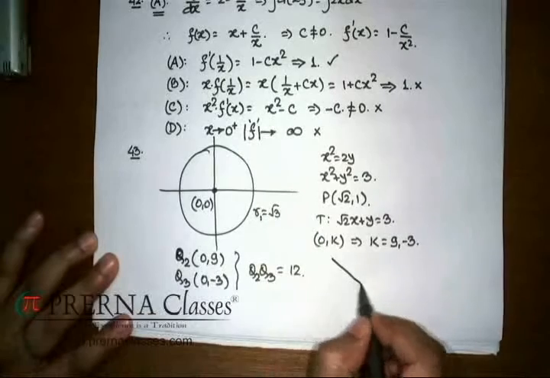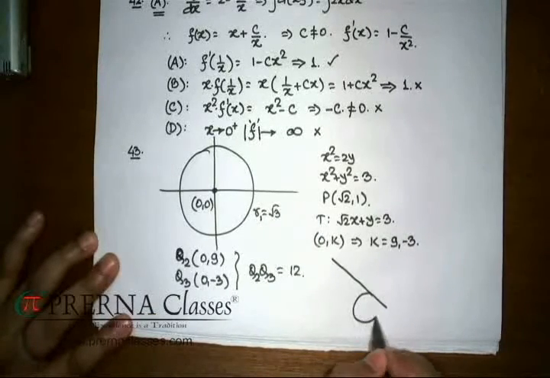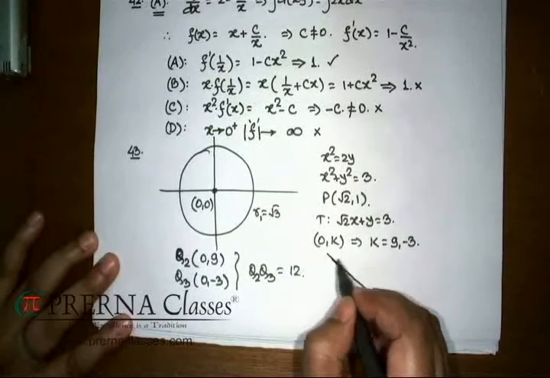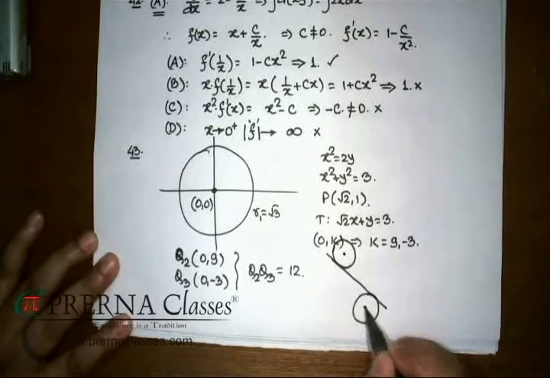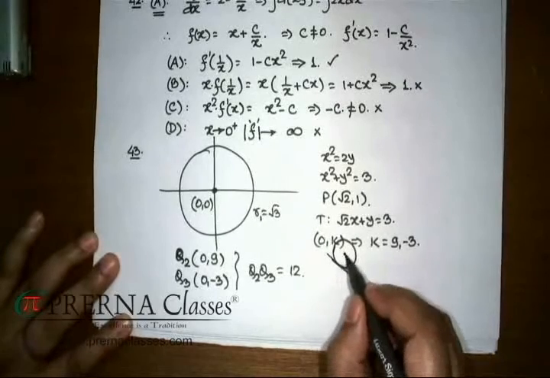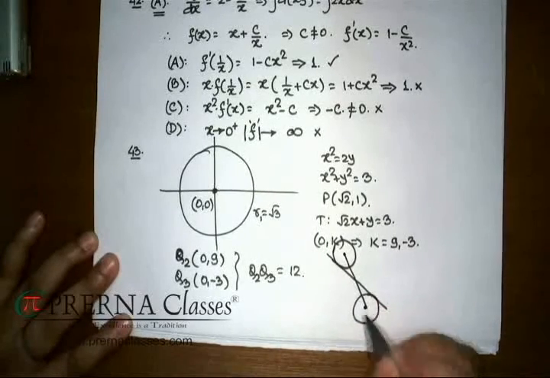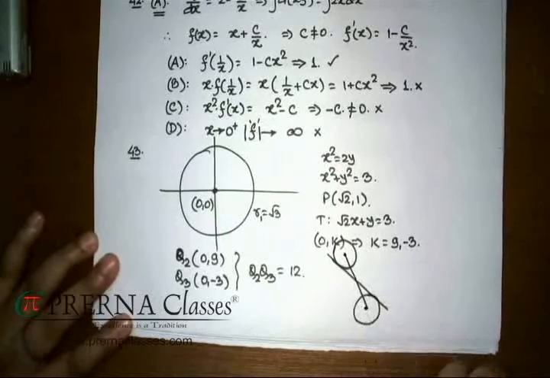Suppose I have a situation like this, where these two distances are known to you as R2 R3.